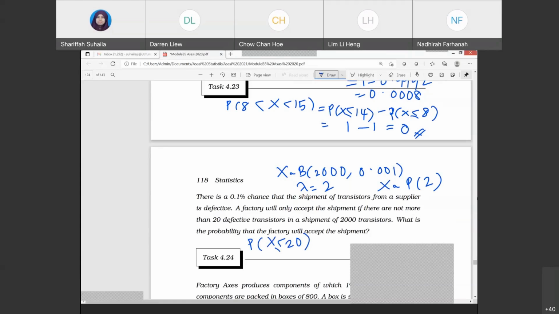Not more than maksudnya less than or equals to 20. Okay, probability X, lambda equals to 2. Jawapan dia apa? Kalau dapat table. Lambda equals to 2, your K is 20. Ada tak K equals to 20? Okay, kalau tak ada, that means your answer should be 1. Sebab dia semakin ke bawah tu, semua total probability dia 1.